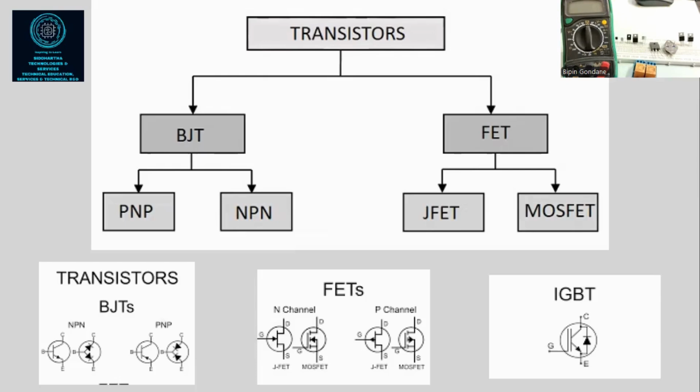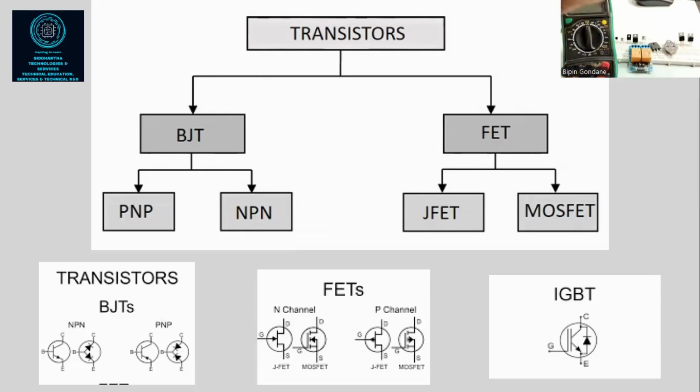We will divide into packages. Okay. So each package, smaller, it will have a different package number, bigger, it will have a different package. Like this one, this is the TO92 package. This is the TO220 package. Like the TO3 package. So likewise, different packages will be there, even for the SMD.